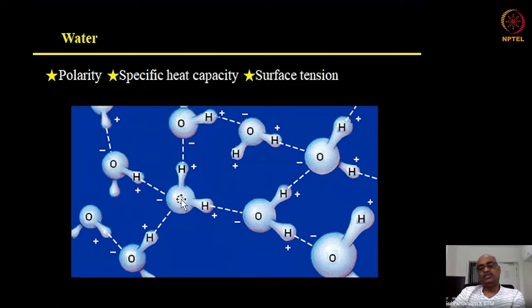Due to this, this atom acquires a partial negative charge, while the other one, because its proton spends more time with the other atom, is partially positively charged. So oxygen has two such bonds in water with the hydrogen atoms, and due to that this has delta 2 negative partial charge, and this has delta 1 positive charge.